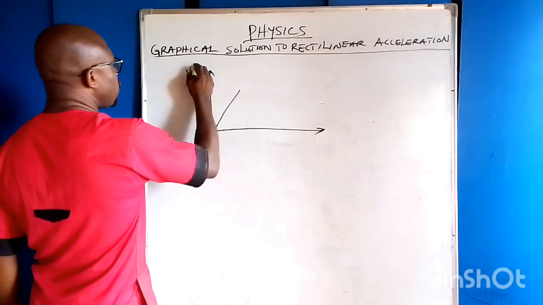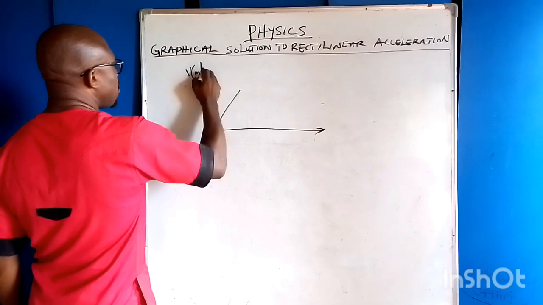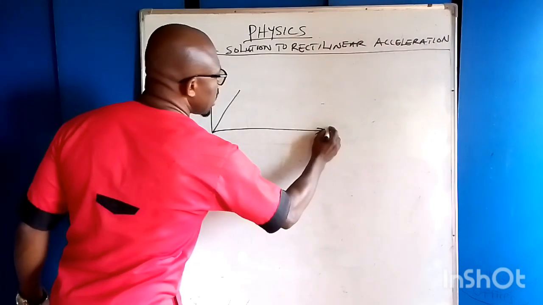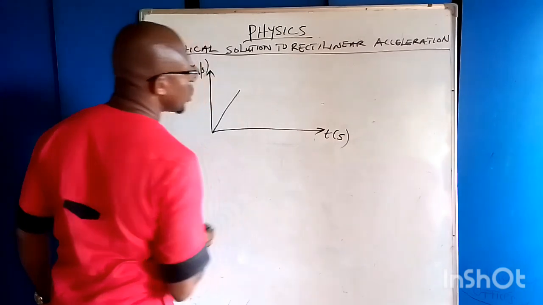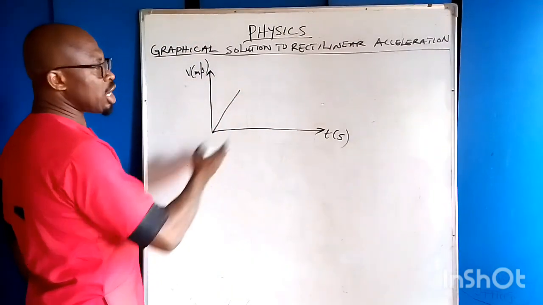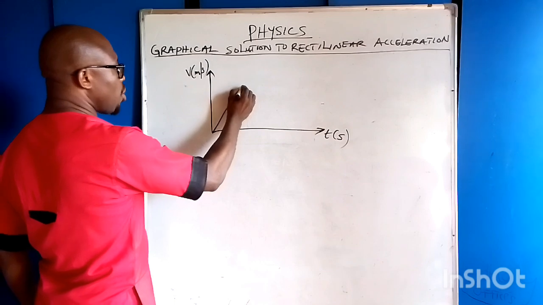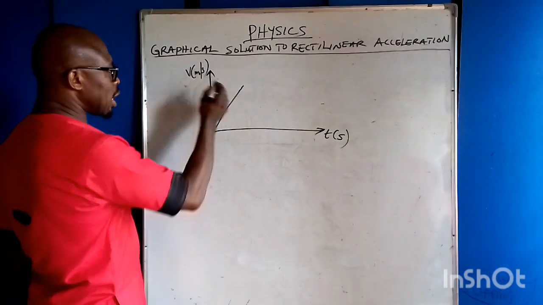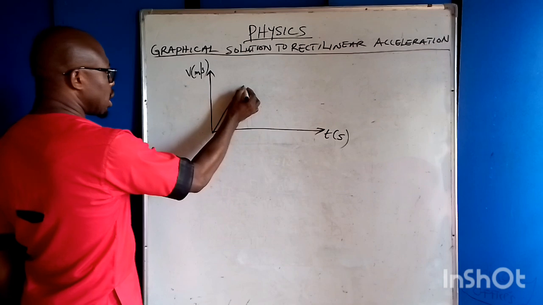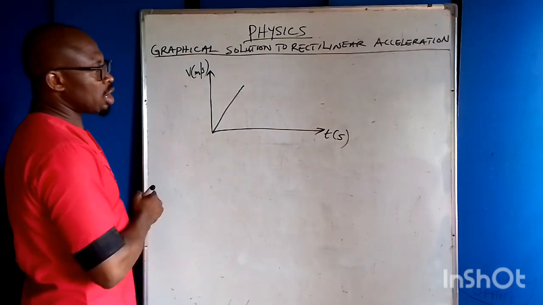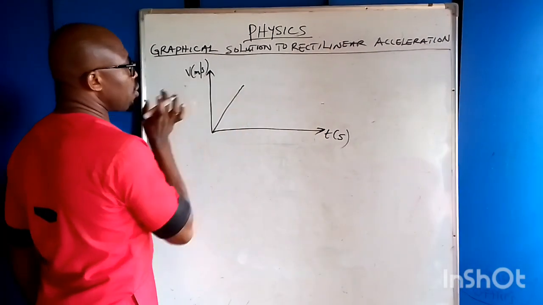That means here is V in meters per second. Here is T in seconds. Now, if the acceleration is increasing from rest, or if it increases uniformly from rest to a certain point, here is increase in velocity, increase in acceleration.